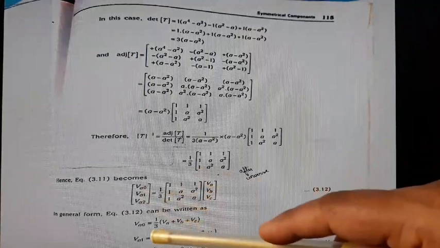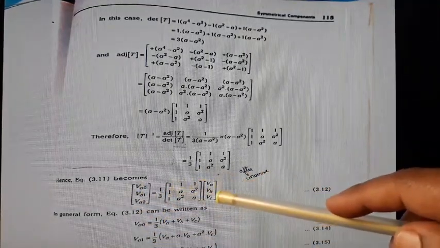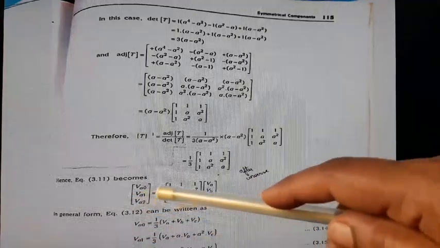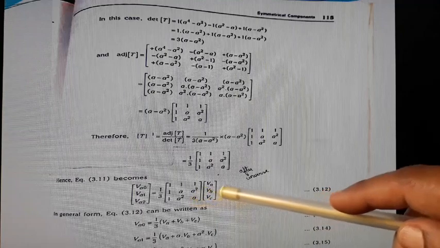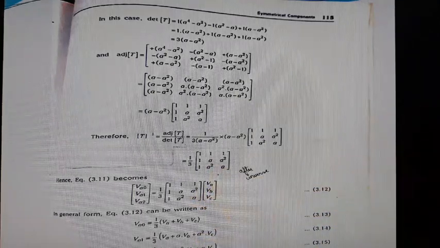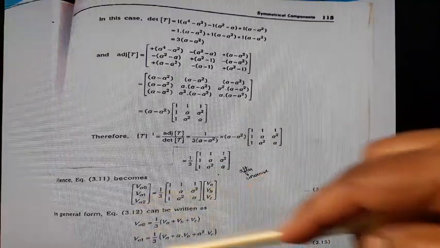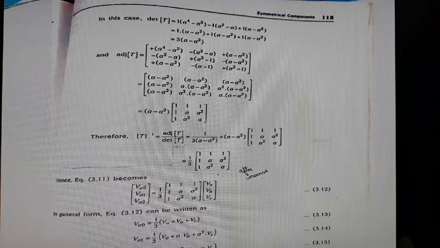Separating the equations, Va0 equals 1 by 3 times (Va plus Vb plus Vc). Va1 equals 1 by 3 times (Va plus a Vb plus a square Vc). Like that we can separate the equations and find any symmetrical component using these relations.